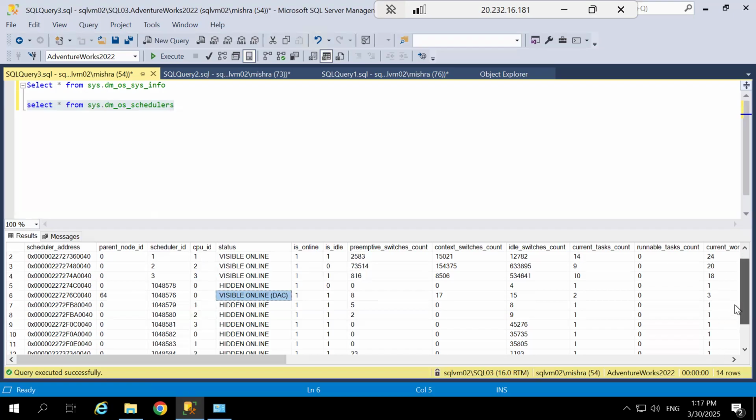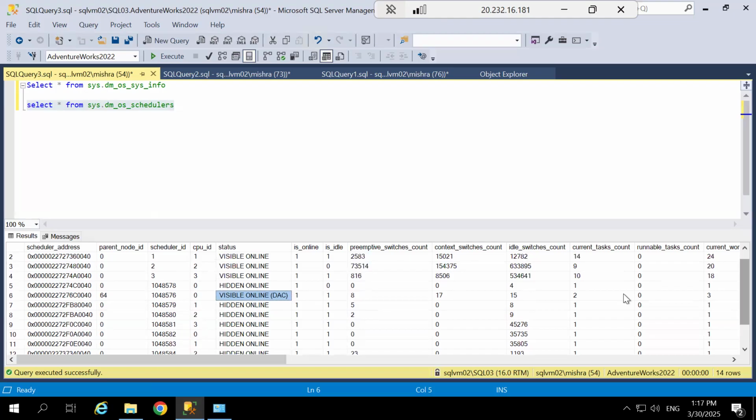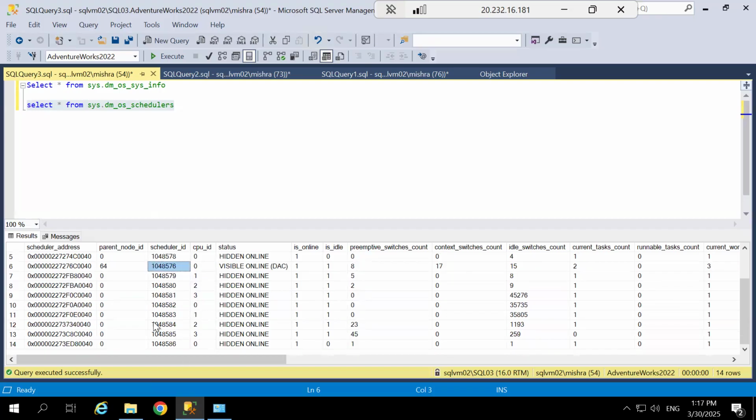Of course, we can find that. Here, what you see is system level schedulers, you have this much. Wherever you see these IDs coming for the threads, you can identify that these are related to the system schedulers.